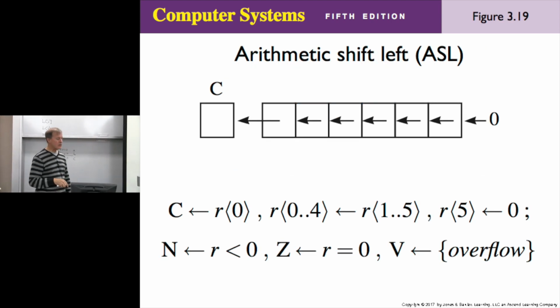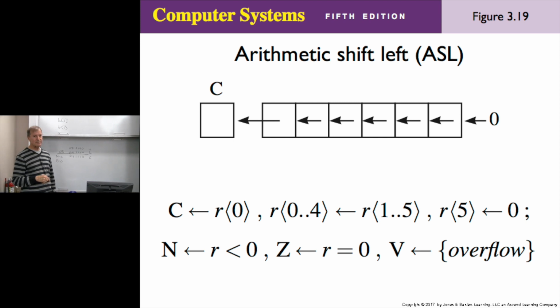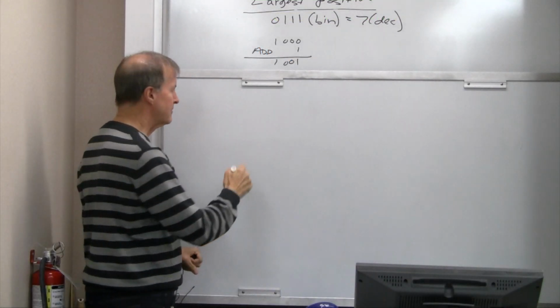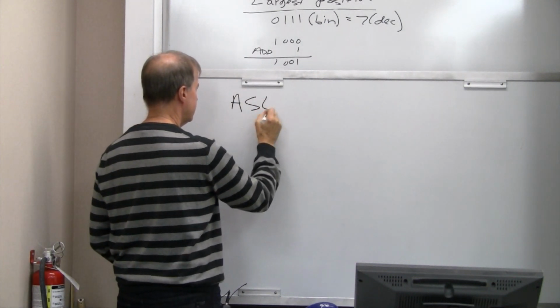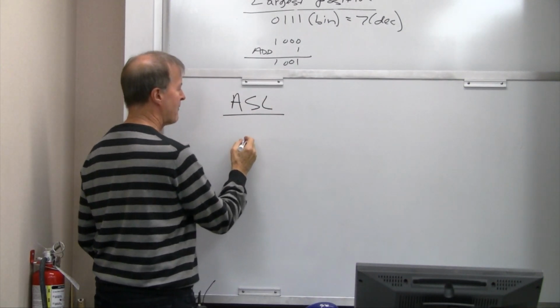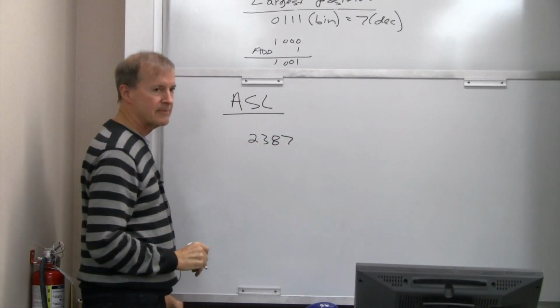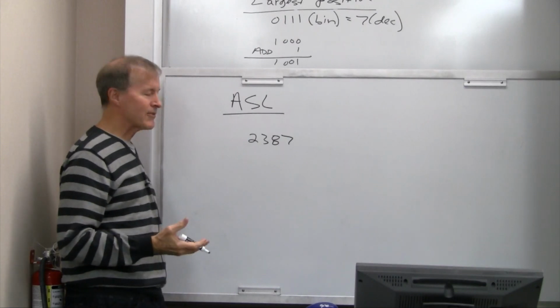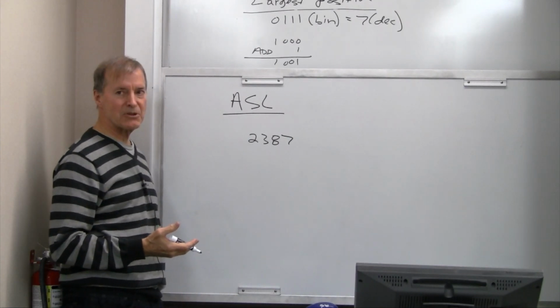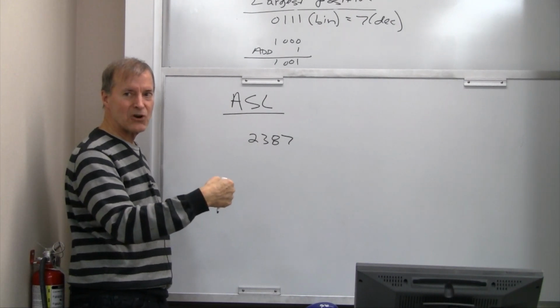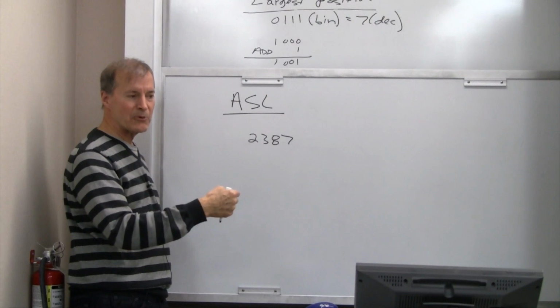All right, now here's a new operation called arithmetic shift left, ASL. Now actually, a good way to understand this is by analogy with decimal. What would happen if you had a number like 2,387 in decimal, and you shift left, you shift every digit over to the left, and you shift in a 0 from the right?